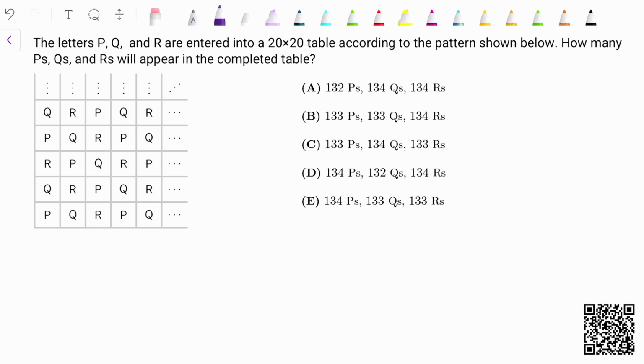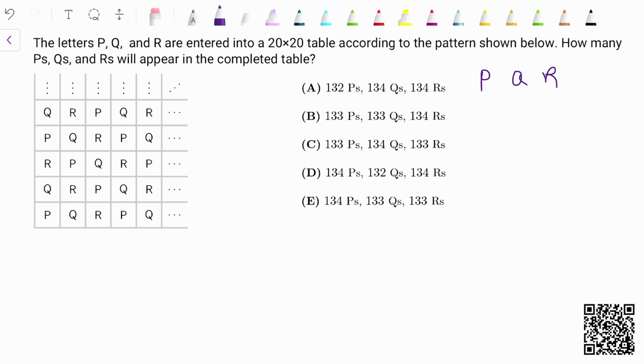If we look at this P column, first of all, let's say P, Q, R. It goes in a PQR order. Since 3 multiplied by 7 is equivalent to 21, that means that if we just did 7 for each of them, one of them is going to be sticking out the top of the column. Or in this case, the bottom, because I don't have the top of the column on screen.